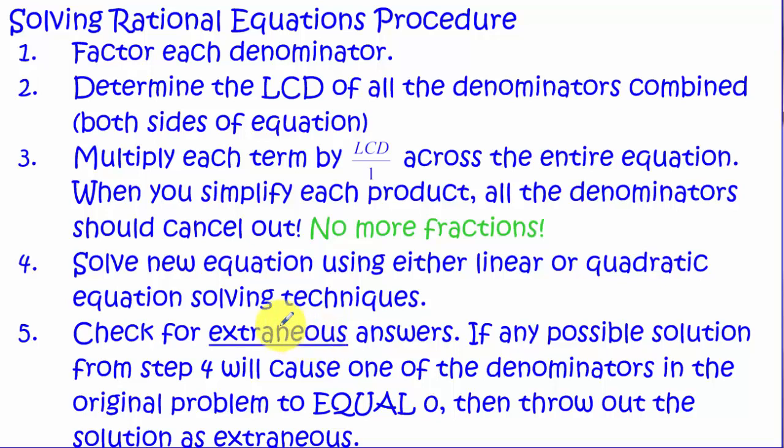And the way we determine if it's extraneous is we take each of the answers we find in step 4 and plug it back into the original equation and look, will it cause any of the denominators in the original equation to equal 0? Now remember, we can't divide by 0, that's undefined. So if any of these answers do cause a divide by 0, we throw it out because it's an extraneous solution.